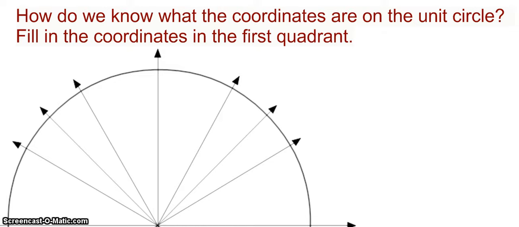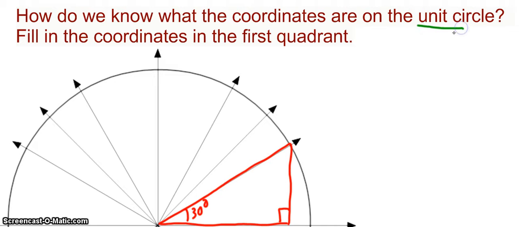So what we're going to do here is draw a triangle. If I look at the first segment here, if I make my right triangle here, I know that this angle here is 30 degrees, right? And now what else I know is because this is the unit circle, what was the definition of the unit circle? The definition of the unit circle was that there is a radius of 1.